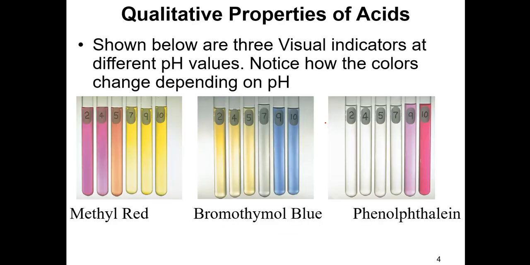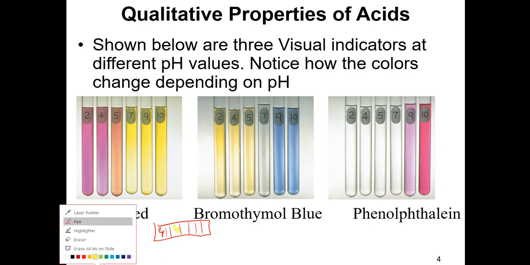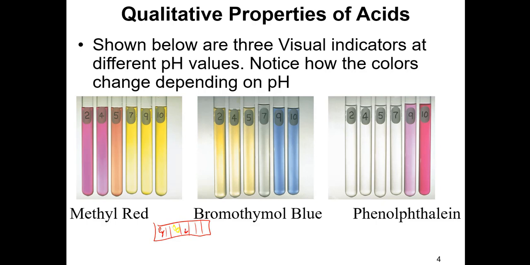And now we're going to get into something called indicators. Now, I made an indication, no pun intended, to a special type of litmus paper which has different types of colors that are generated based on the pH.